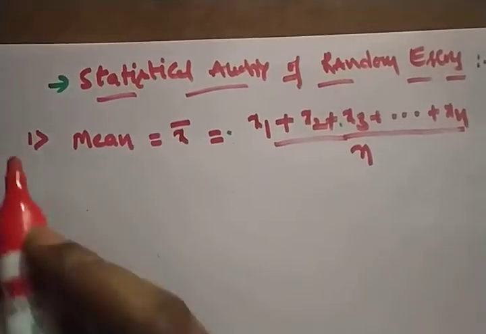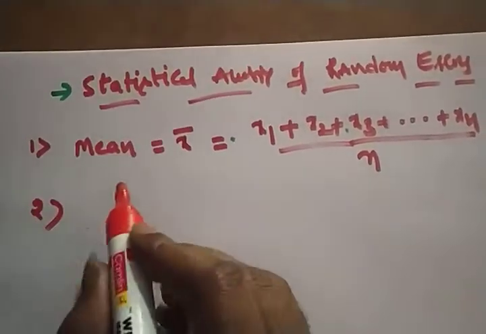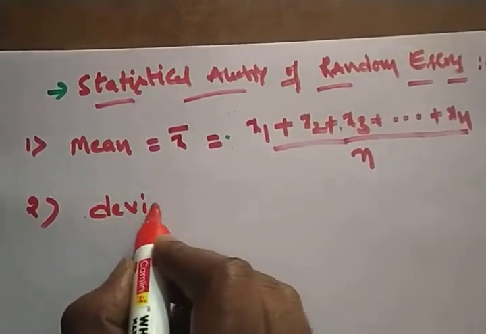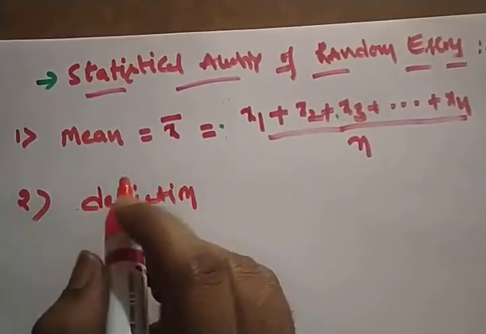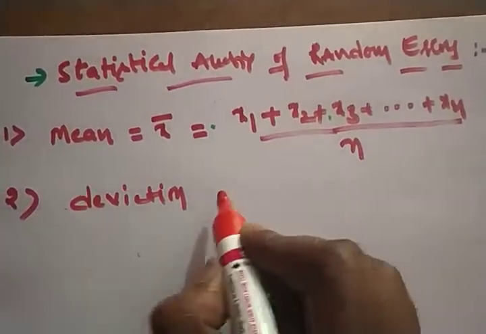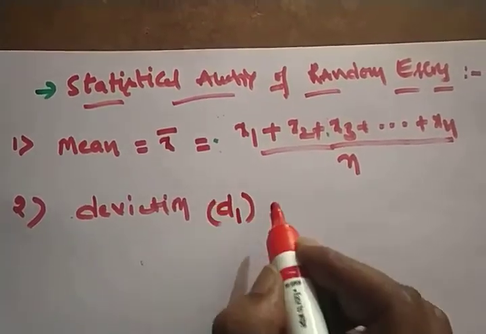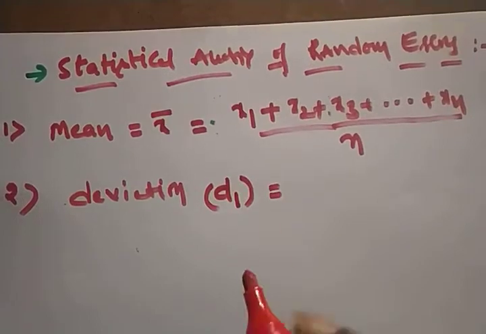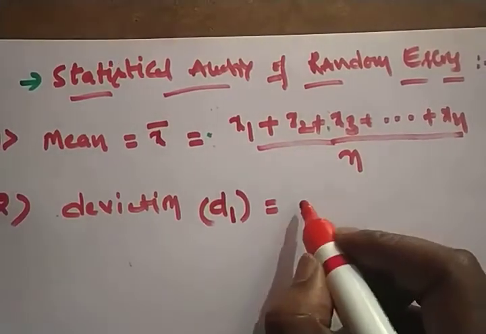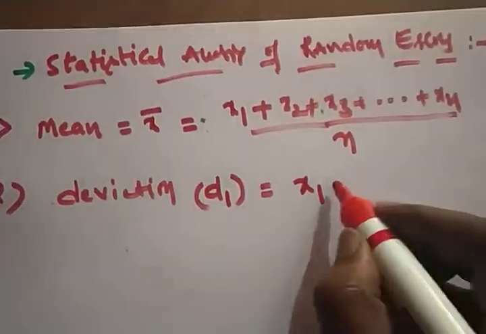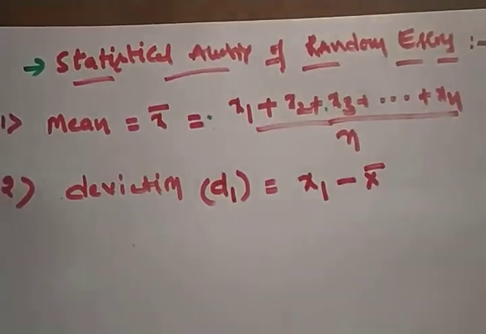After that, the second one is how to find the deviation. The deviation can be denoted by D. If you want the deviation D1, you have to take x1 minus x bar.